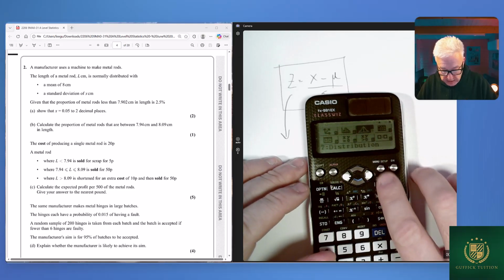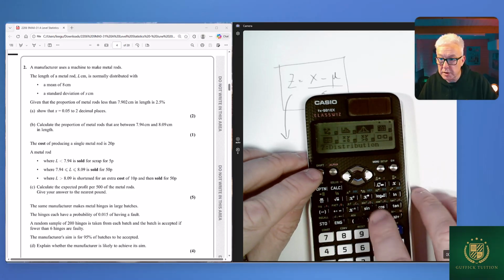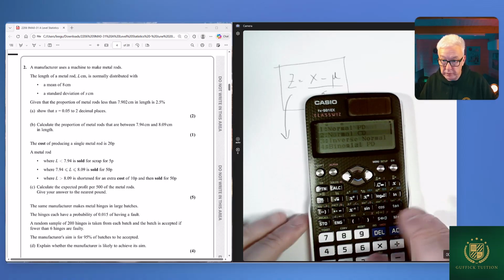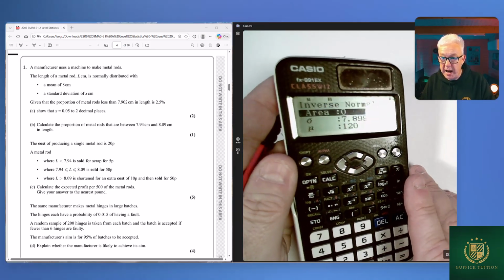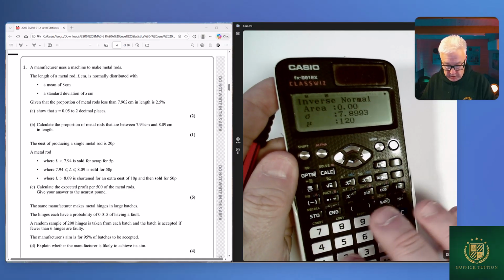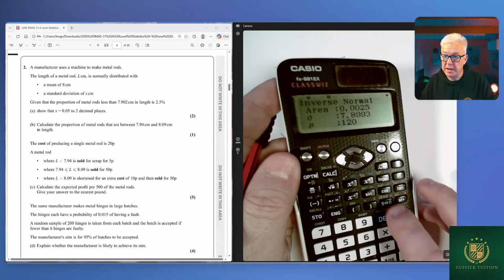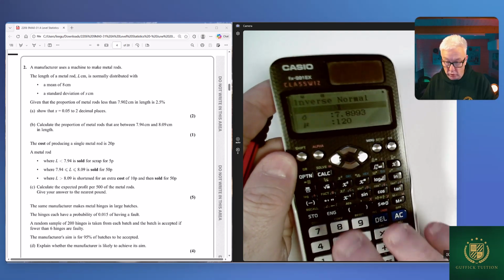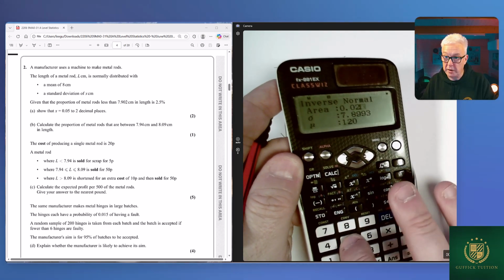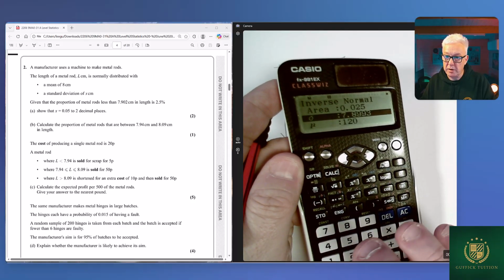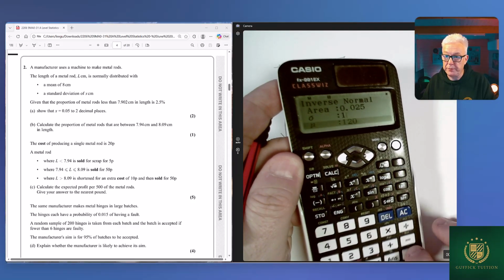Let's get our calculator onto the inverse normal. Distributions, and we want the inverse normal. We're going to put in an area of 0.025 for the 2.5%, a mean of 0 and a standard deviation of 1.